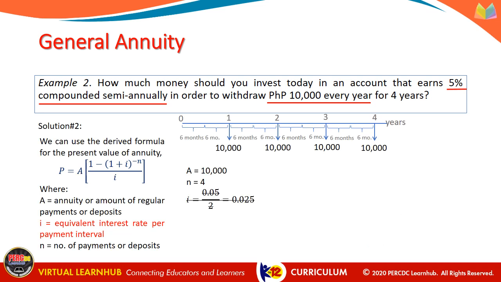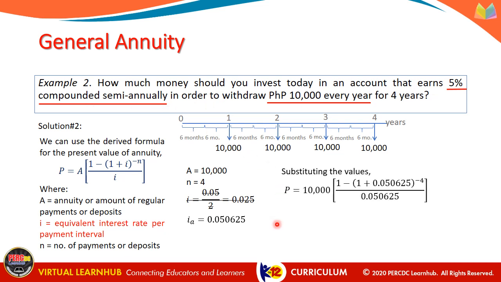Now that we know the equivalent interest rate per payment interval, that is equivalent interest rate per year or annually, equal to 0.050625, which is equivalent to 5% compounded semi-annually, the only thing left to do is to substitute the values to this equation. P is equal to A times quantity 1 minus 1 plus i raised to negative n over i.